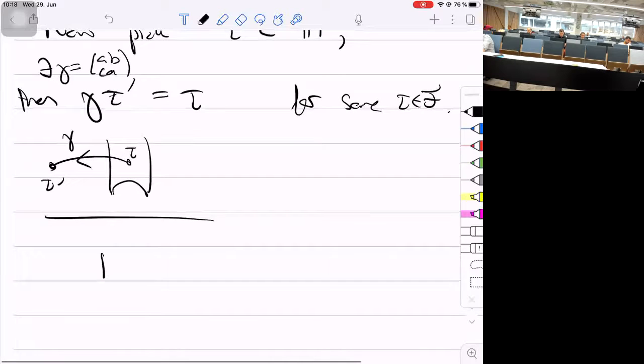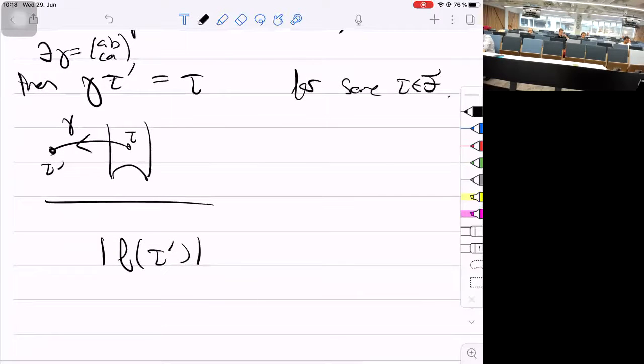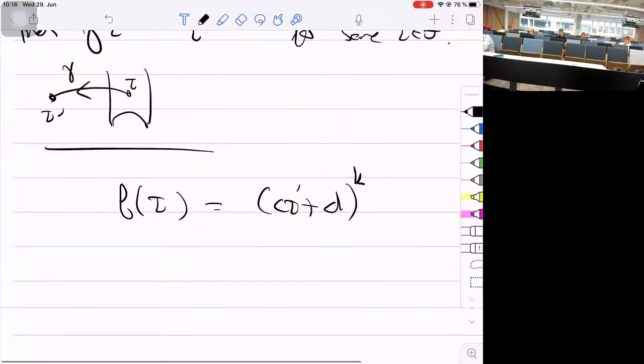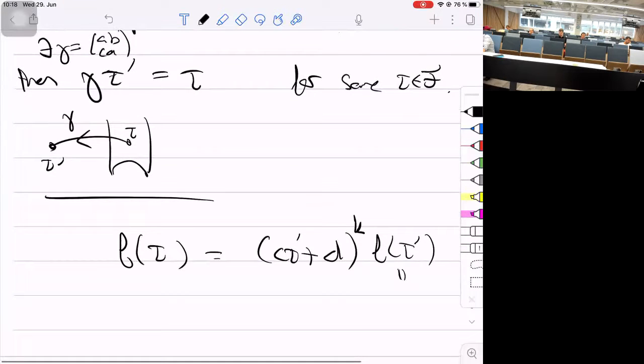So now we ask for the value of f of tau prime. f of tau by modularity is going to be (c tau prime plus d) to the k times f of tau prime.